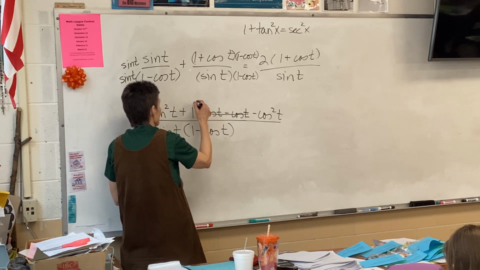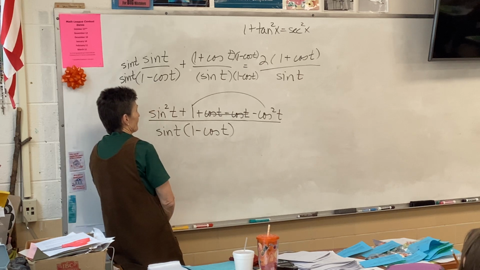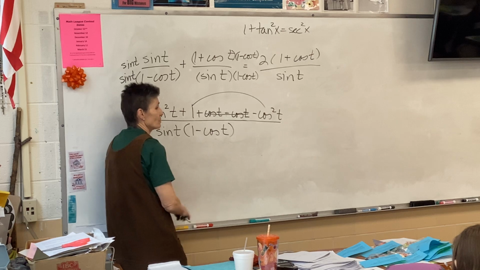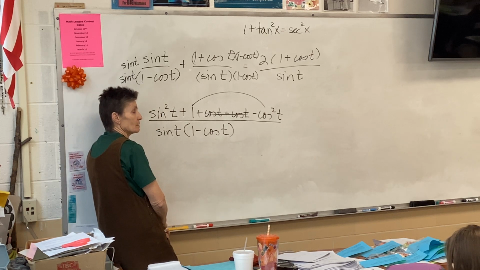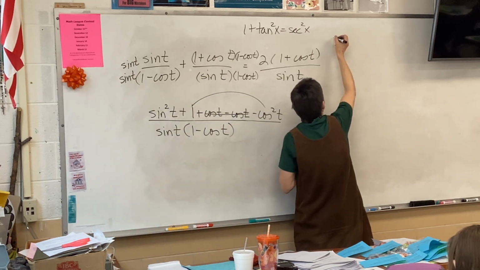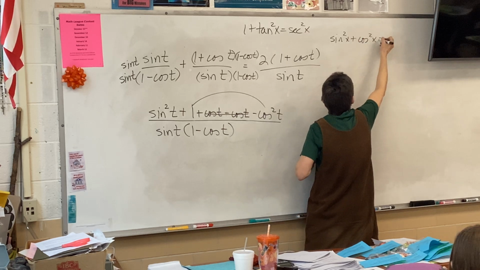I'm trying to think which would be the best way to do this. What's this right here? Negative cosine squared plus 1. What's 1 minus cosine squared? Look at your sheet. Sine squared plus cosine squared is 1.